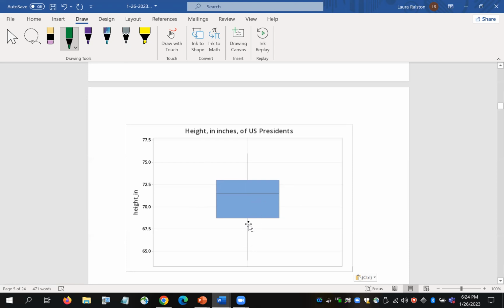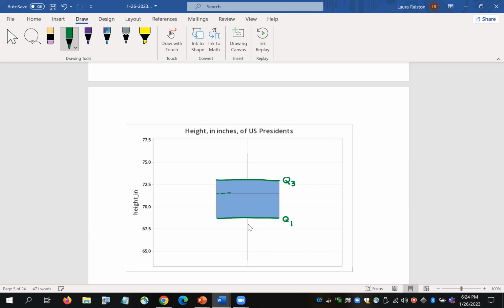Okay, so when you look at this box plot, and Minitab was giving us some numbers, when you think about this box, the lower bar of the box represents quartile 1. The upper part of the rectangle, the top, is Q3.